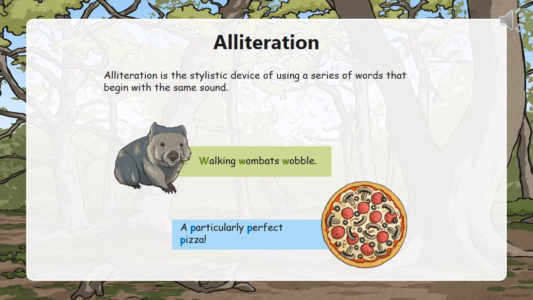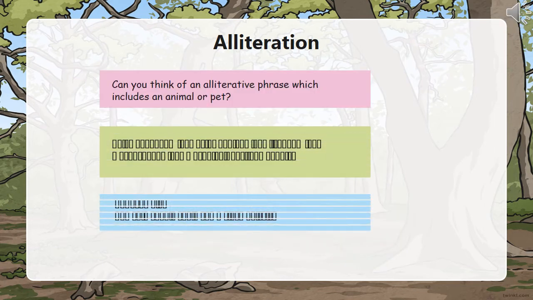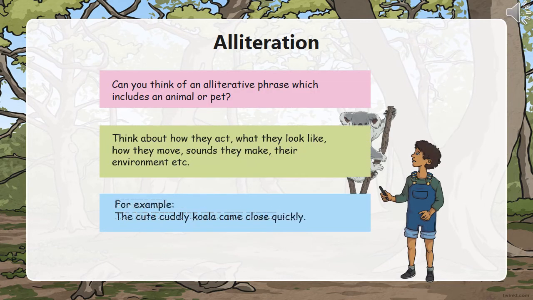Alliteration is the stylistic device of using a series of words that begin with the same sound. Here's an example: walking wallabies wobble, or a particularly perfect pizza. Can you think of an alliteration phrase which includes an animal or a pet?